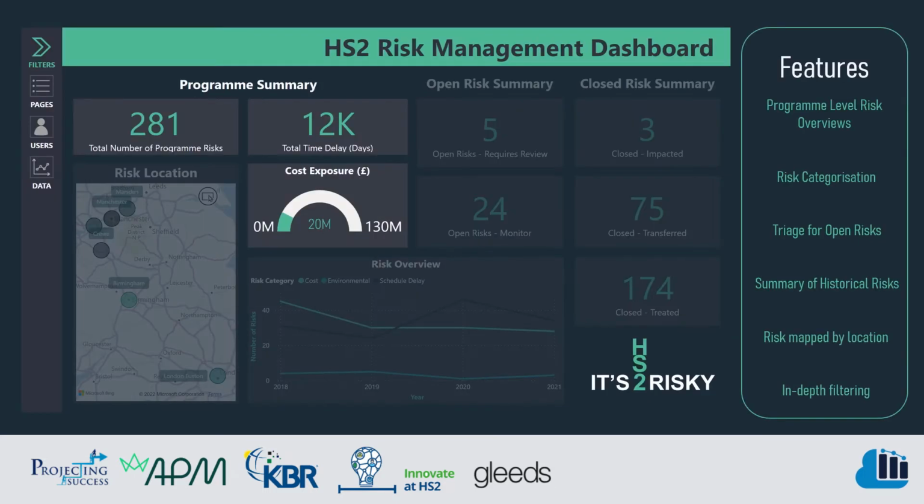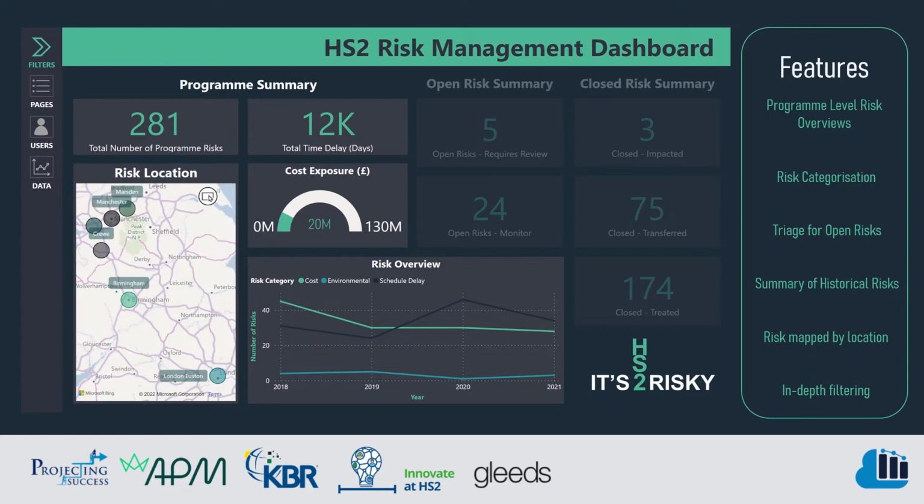The solution that we created for Challenge 14 centers around a project risk management dashboard that has the ability to pull together risks from across the HS2 program. To meet the acceptance criteria of senior decision makers, it was important that our tool gave instant program oversight and an overall risk exposure summary. The second feature on our dashboard is the ability to view trends in risks over time.